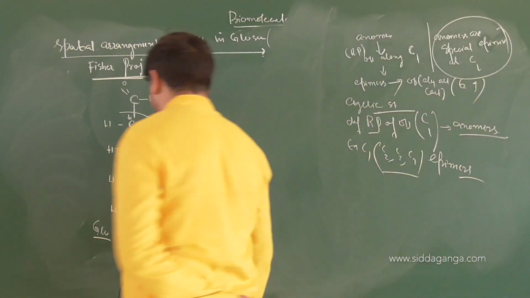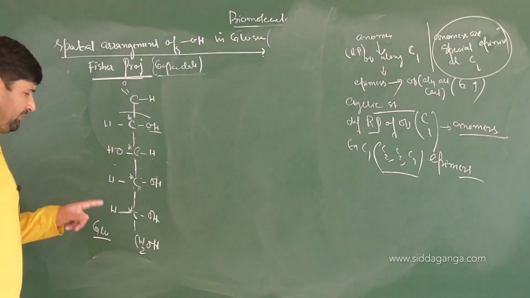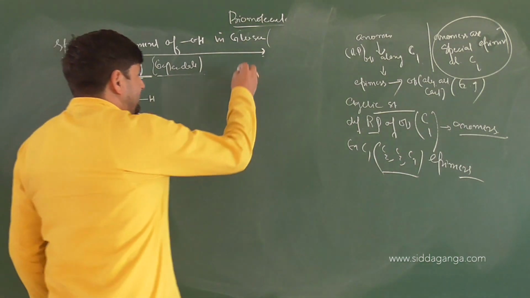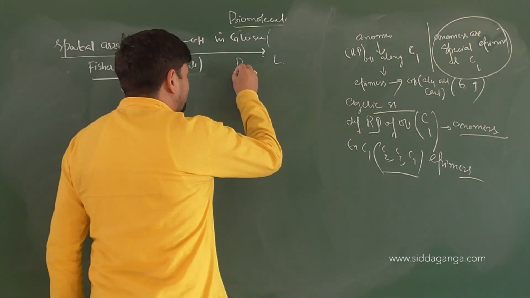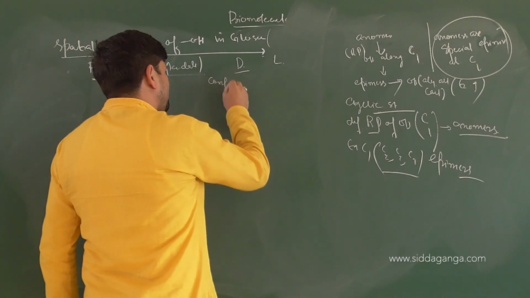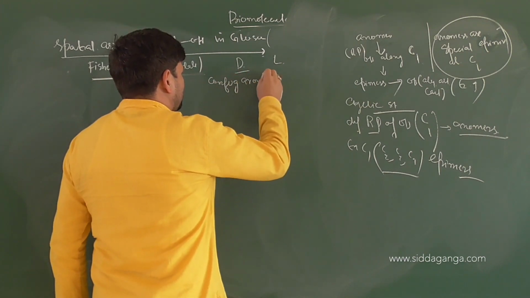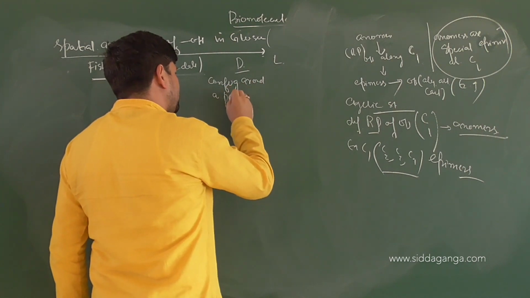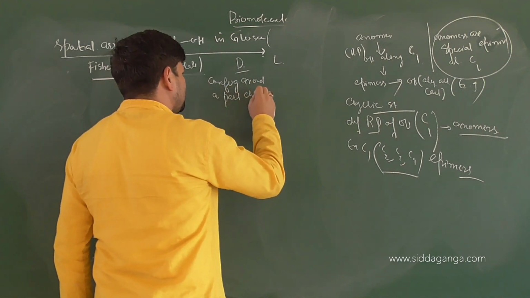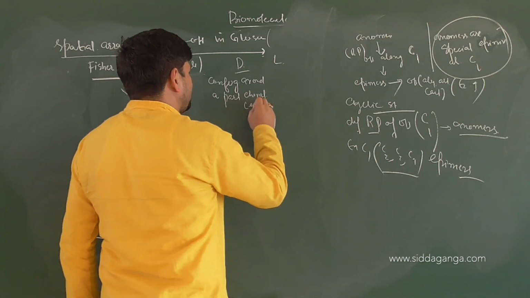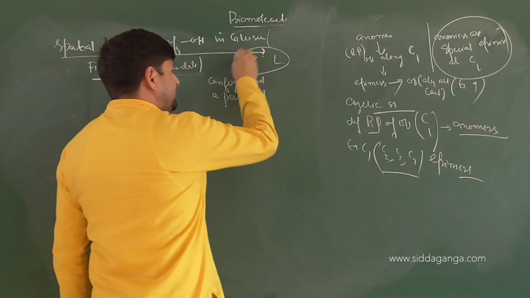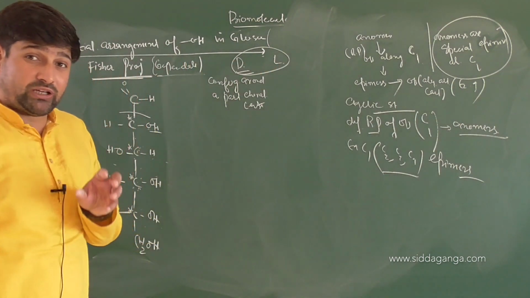Try to understand this one. On what basis are we classifying the D isomer and L? Remember, this is on the basis of configuration around a particular chiral center. This D and L is classified on the basis of configuration, on the basis of arrangement.